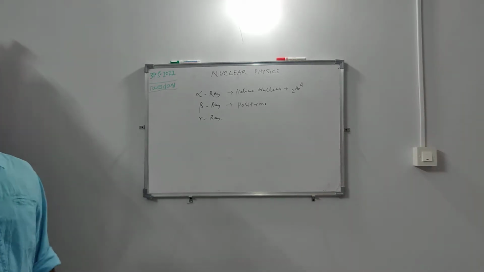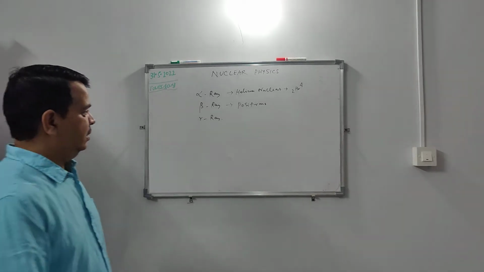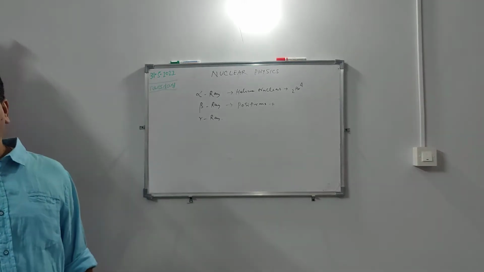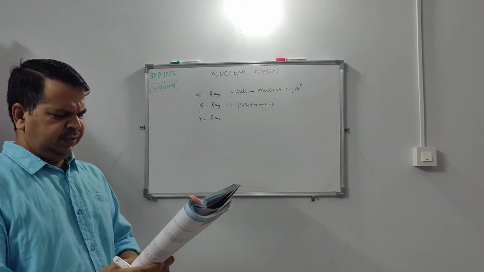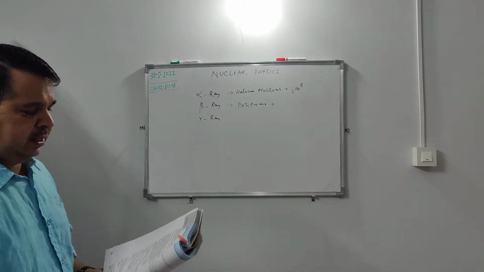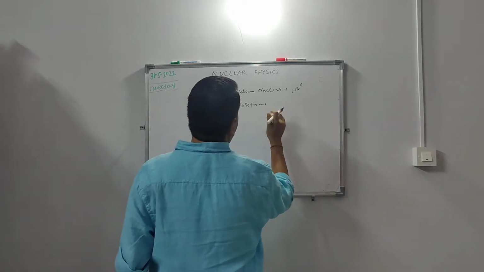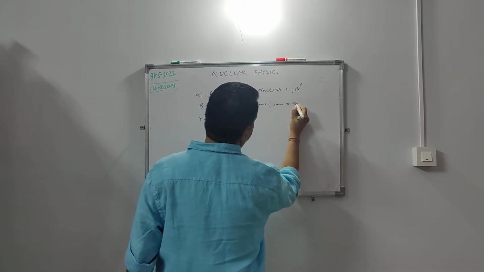Your atomic number will increase by one, right? The mass remains unchanged, but the charge changes. The positron has the same mass as an electron, but its charge is opposite.